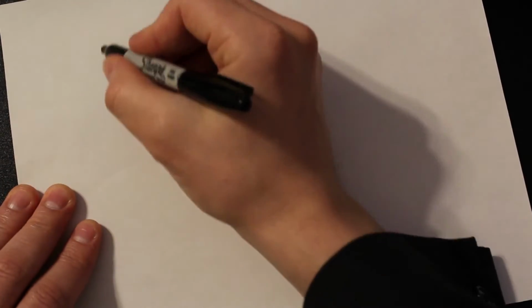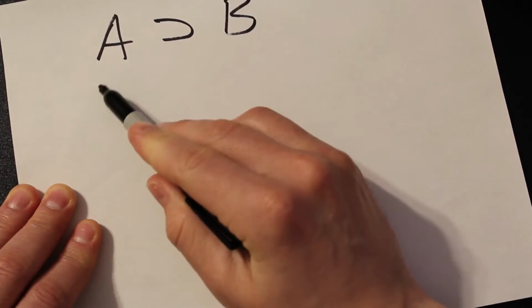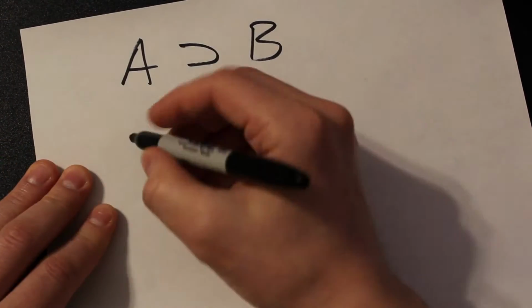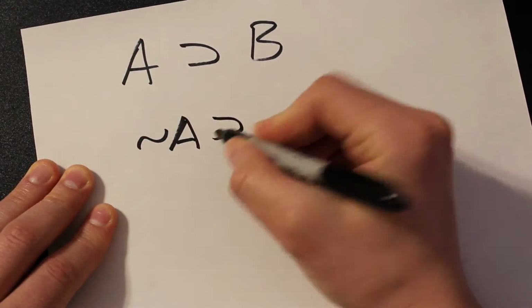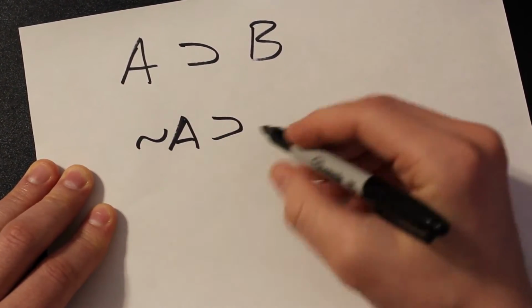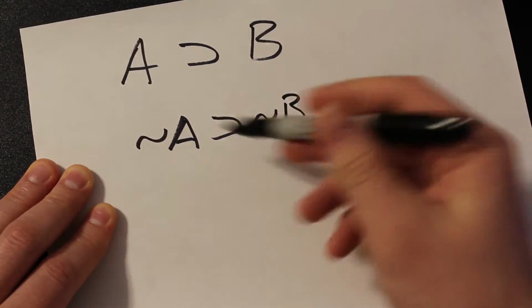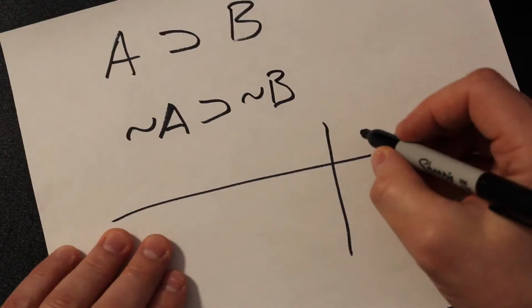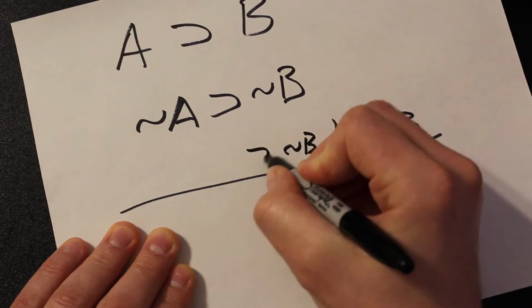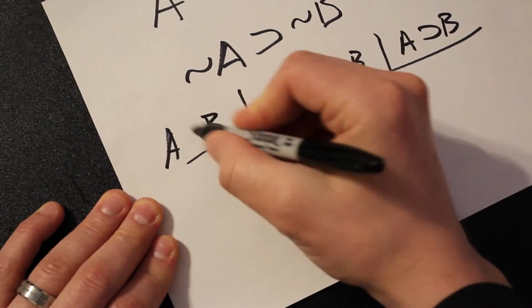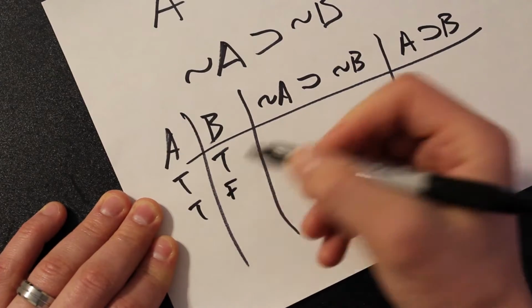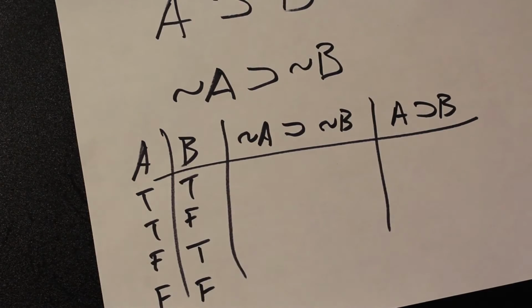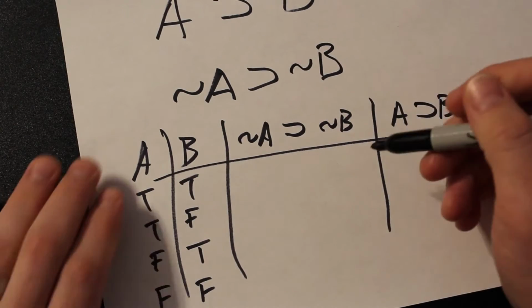Using our same example of Anne is swimming and Bob is swimming, if Anne is swimming, then Bob is swimming. Now compare it to: if Anne's not swimming, then Bob is not swimming. Again, setting up our truth tables, we want to see if this would be a logically equivalent statement. Our possibilities for A and B are both true, one true and the other false, and then false, true, and false, false. All we need is one contradiction to show that these are not equivalent.